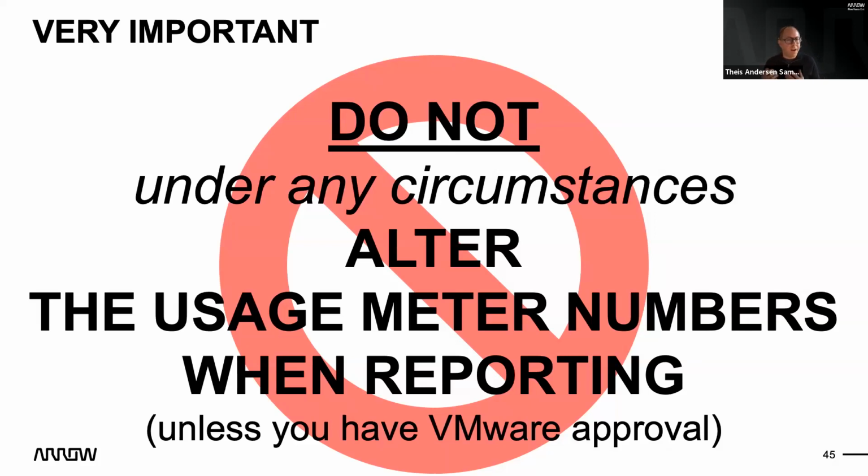So if you have these kinds of concerns, if there's something that is being measured twice, or you are doing a switch from one environment to a new environment and it's counting double, anything like that, open a support ticket and have VMware approve or check that this is the case, and get a pre-approval on changing the numbers. Then if you get picked for an audit, you can refer to the support case and the approval, and case closed. It's much, much easier. So hope that makes sense.